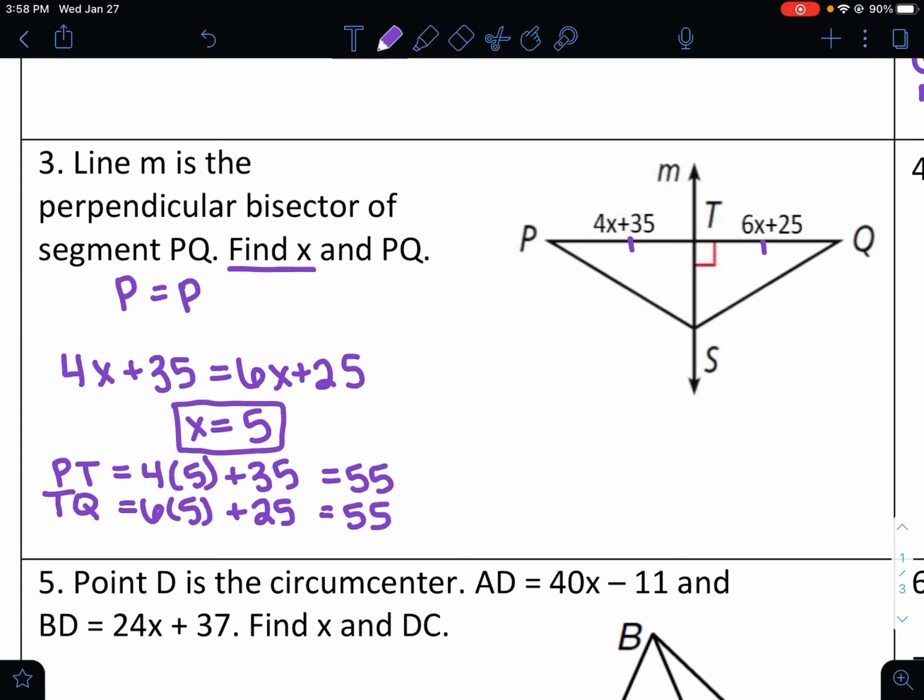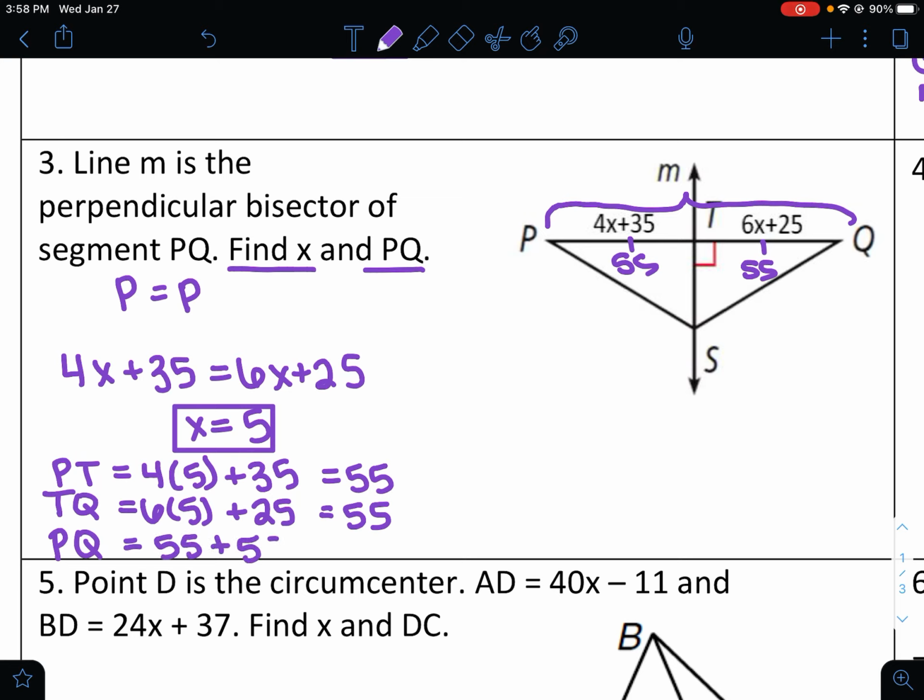We did that, so I'm going to put a box around it. And it also says to find PQ. Well, PQ, we didn't calculate that, but we can because it's the whole thing. So if this side is 55 and this side is 55, we just add them together and we get 110, which would be our second answer.